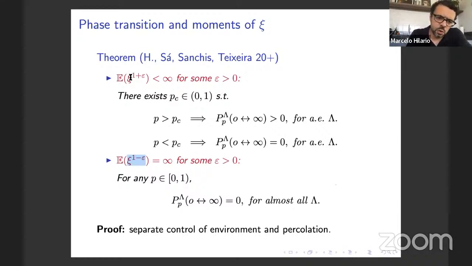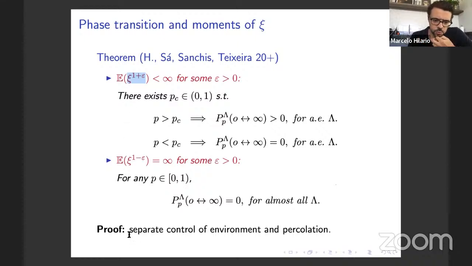But on the other side, we don't have any substantial improvement on this condition, meaning that maybe with some effort we can put something better than this, but we cannot get to the first moment. So an open problem here, which I think is interesting, is to determine whether or not this change of behavior takes place exactly when the first moment is finite or not.